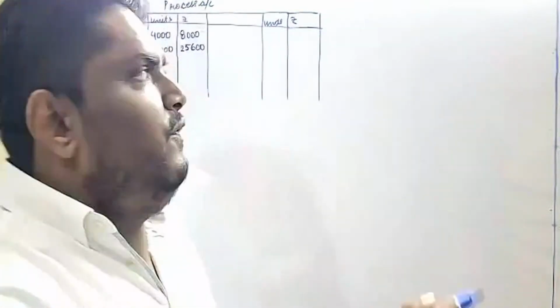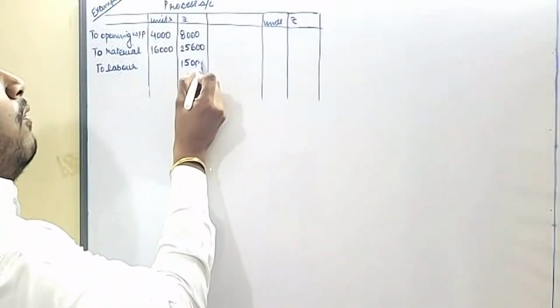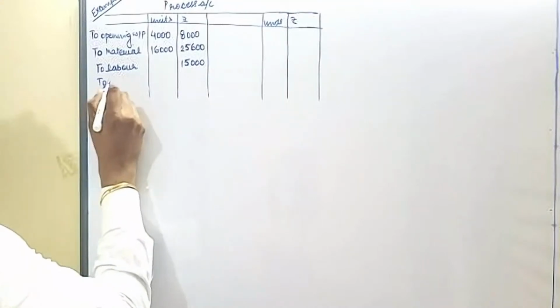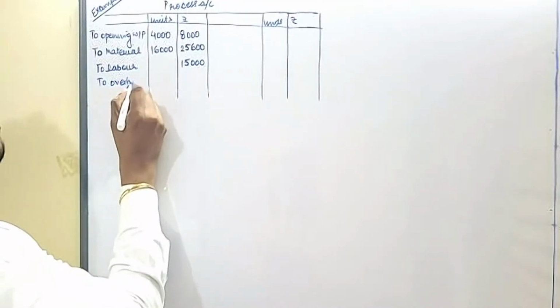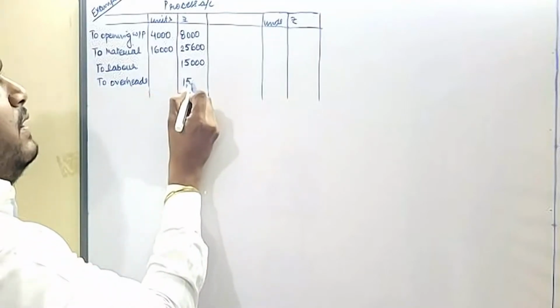The labor cost is 15,000, and overhead cost is also 15,000.